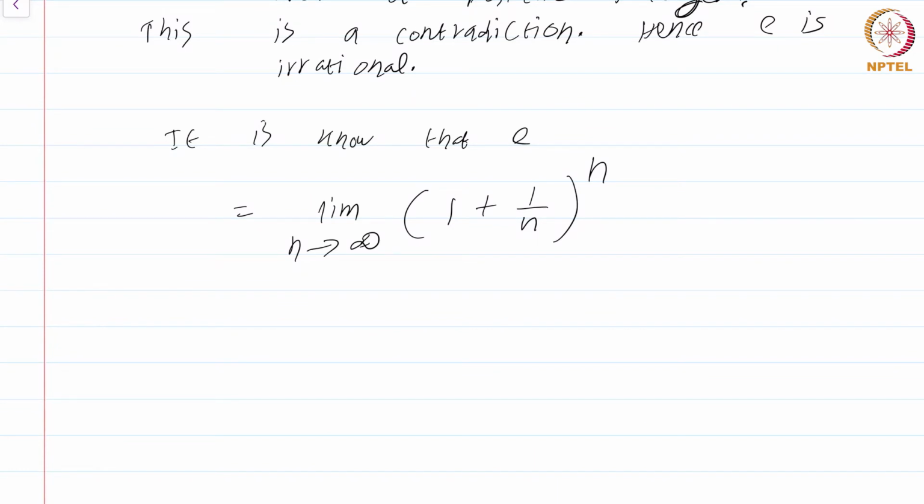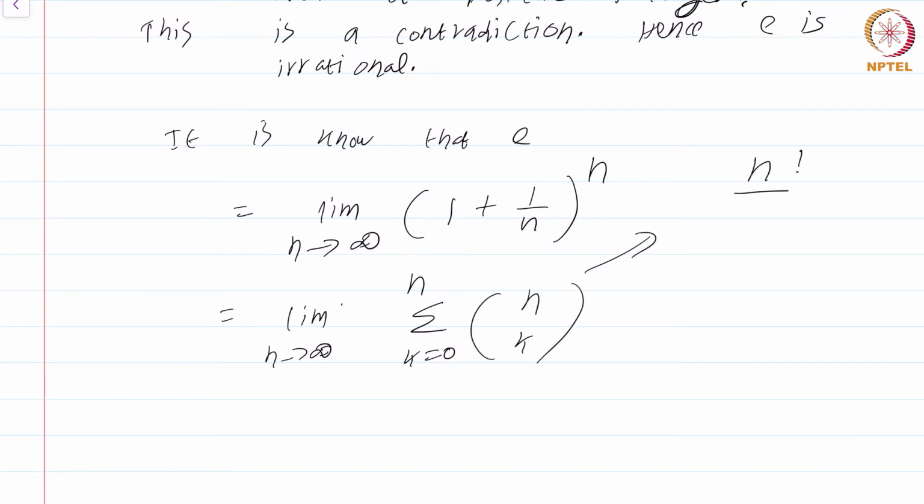Well, this is nothing but the limit n going to infinity of the summation k running from 0 to n of n choose k, this is n choose k, which is n factorial by k factorial into n minus k factorial, times 1 by n power k.